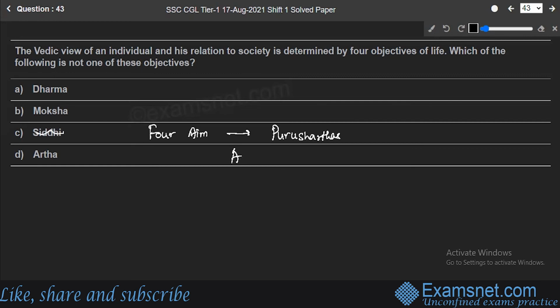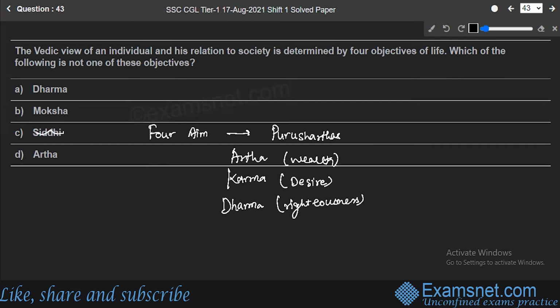These are artha, that means wealth, karma, desire, dharma, righteousness, moksha, that's liberation.